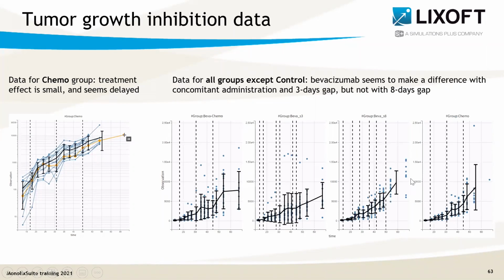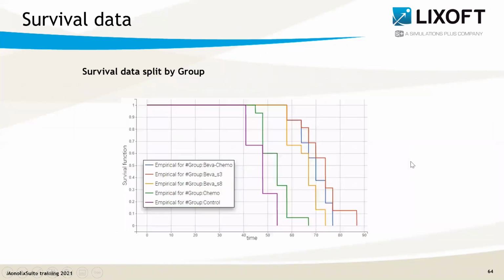These differences are quite small, so that's also why it's interesting to estimate a model to check if the model can capture an effect of bevacizumab. And then if we focus on the survival data and compare the Kaplan-Meier plots for the different groups, we can see quite some differences in the group.